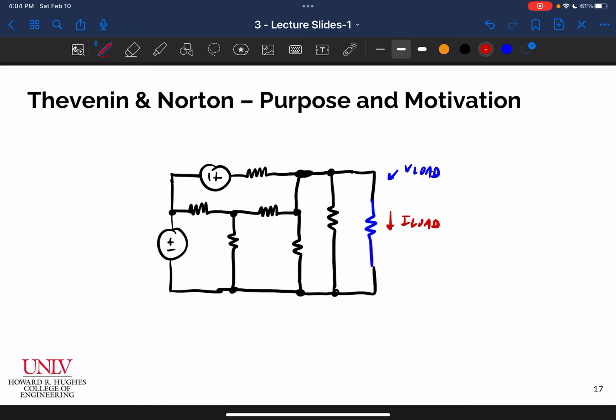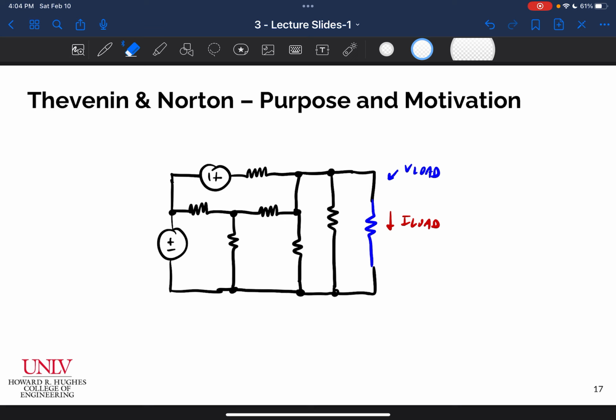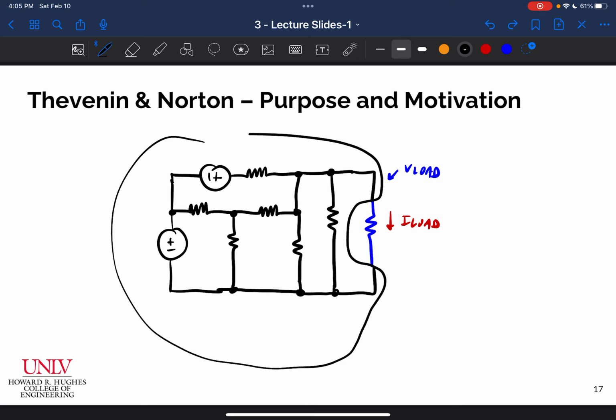It's because engineers had to look at circuits this complicated, and they do every day. Actually, circuits far more complicated than this. And before simulation software like LTspice could just do a parametric sweep and tell me the value of the load voltage and current for any given assortment of these values, we had to do this by hand. And so what Thevenin and Norton does is it basically says, under some conditions, I can take all of this circuitry minus my load.